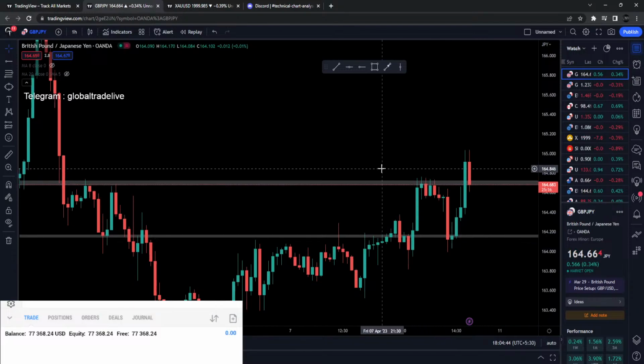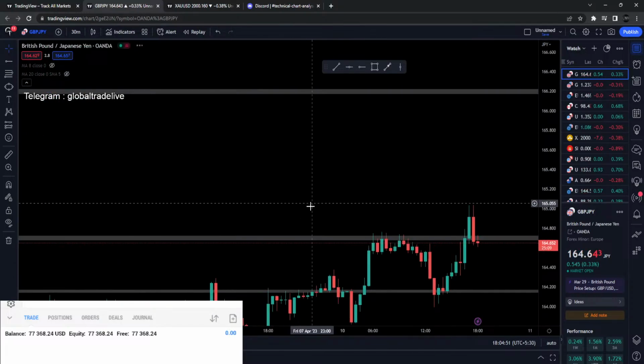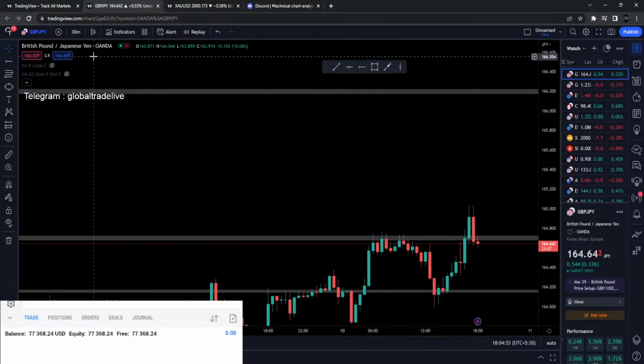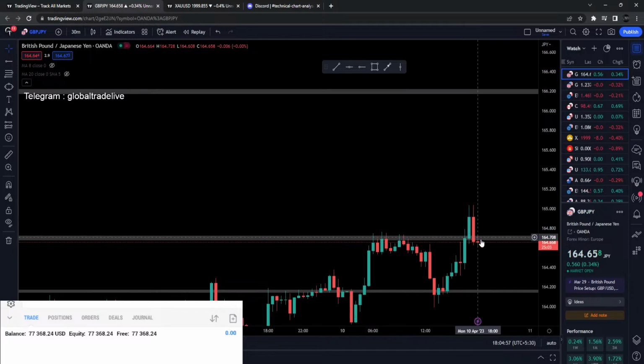because if we talk about the GBP JPY, then this 1 hour candle will be playing its role very importantly in GBP JPY. So look over here, 30-minute has already created a fake out, and this candle has already broke the low.